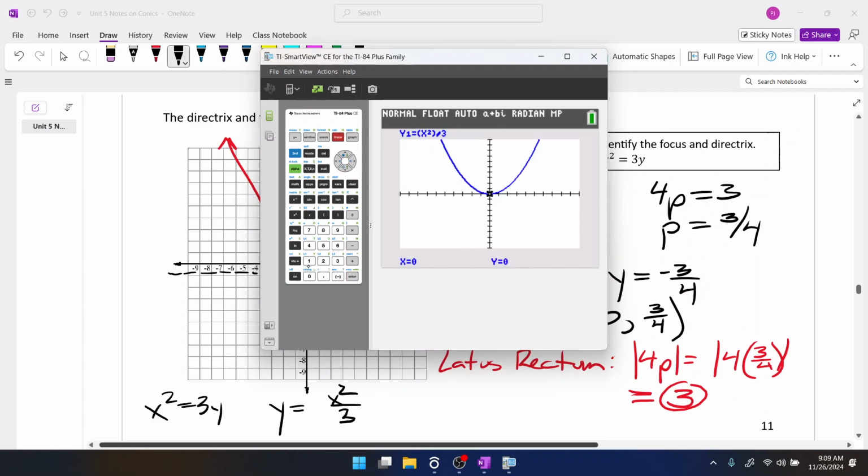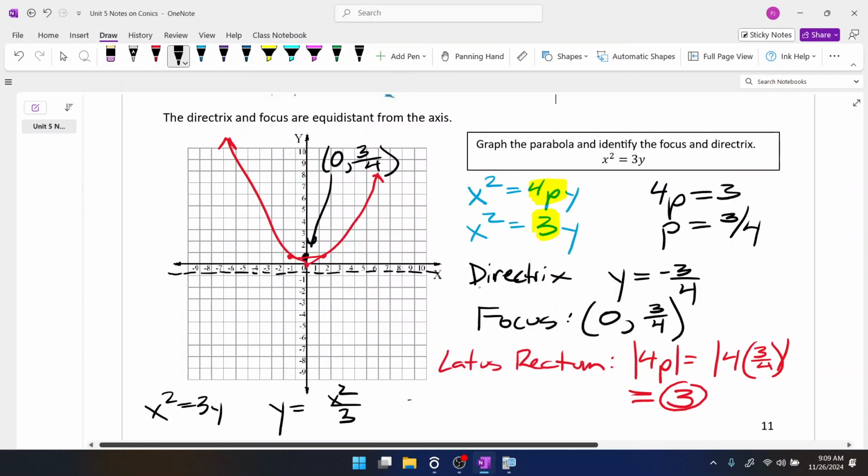Now, if we go to 1.5, we do get 3/4, which happens to be the value of our focus. So yeah, this latus rectum ends up going through the focus. And that helps us draw our curve in any way, shape, or form.